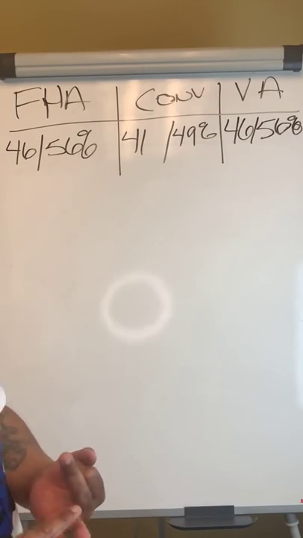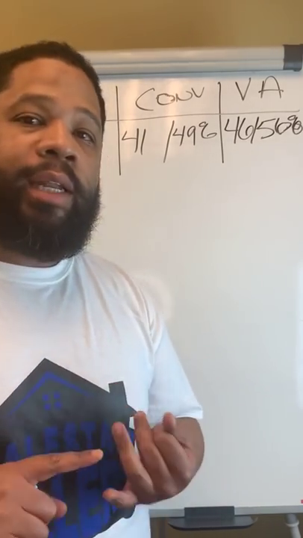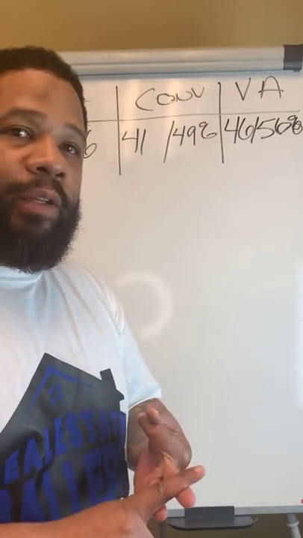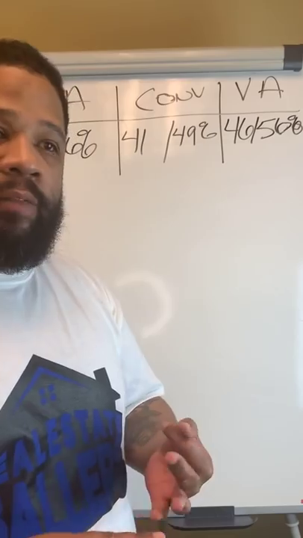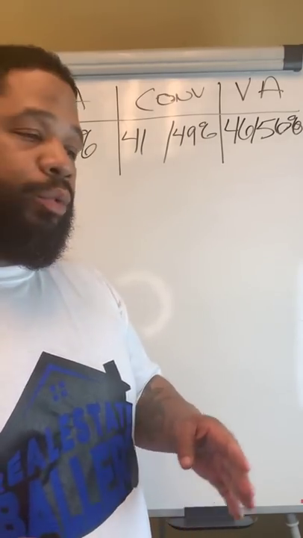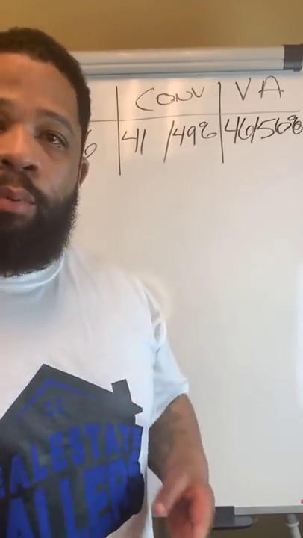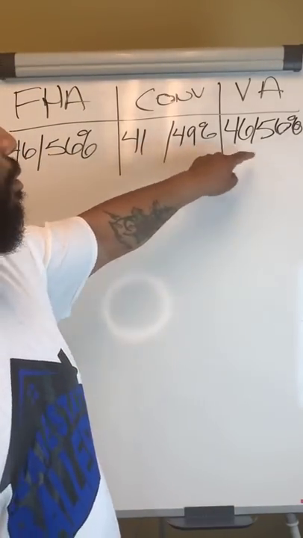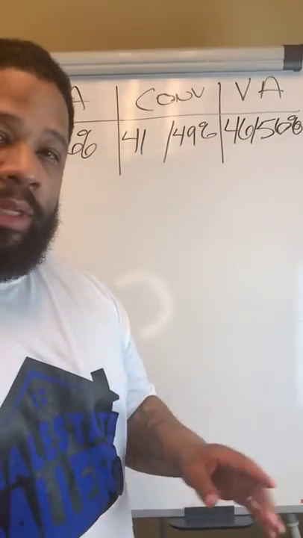Now, on a DTI and a credit report, we're only looking at student loans, car loans, revolving debt like credit cards, if you have any personal installment loans, anything that's going to report on your credit report, the lender is going to include into your back-end ratio, right?